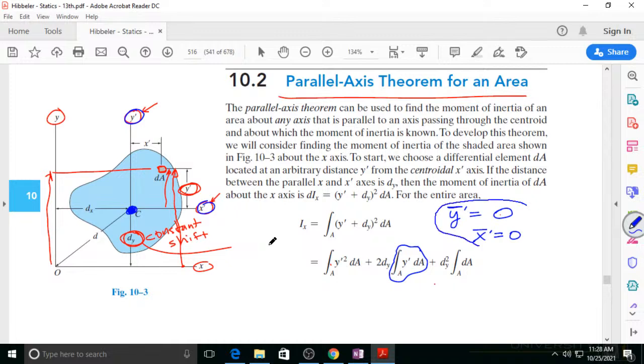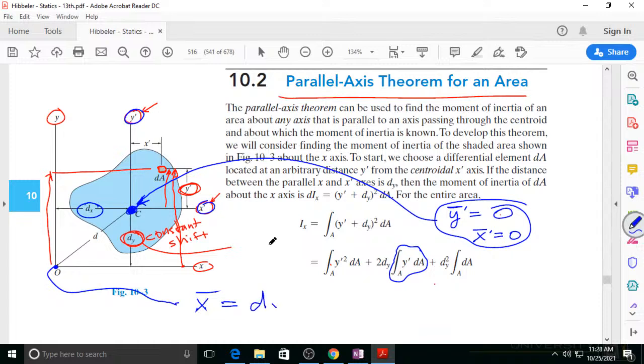So the centroid related to that origin is this. Related to this origin, the centroid, for x, would be dx. For y, it would be dy. That's not derivative, that's just a distance.